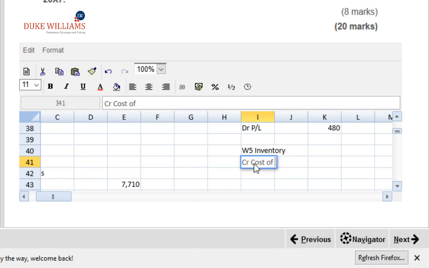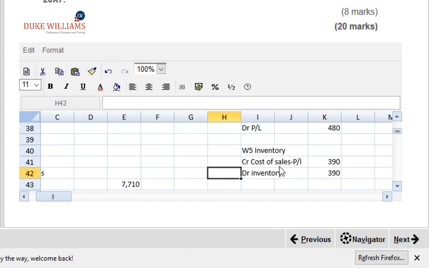So cost of sales, or it is still P&L. Then we'll debit the inventory because it has been omitted. Inventory value should go up because currently inventory is understated. So the value is 0.39, and that should be 390.